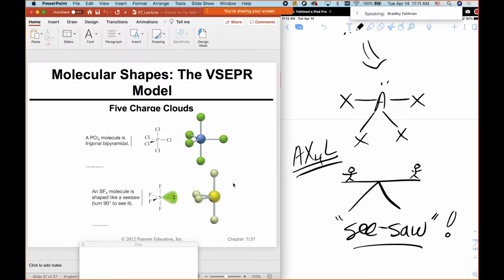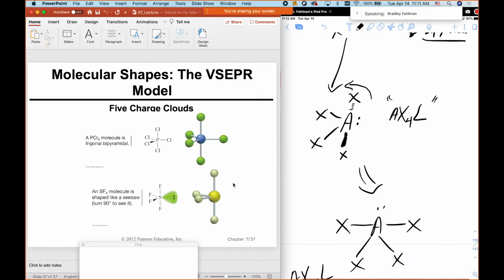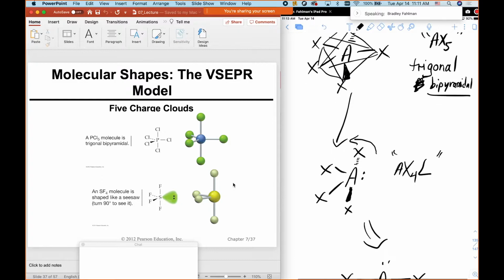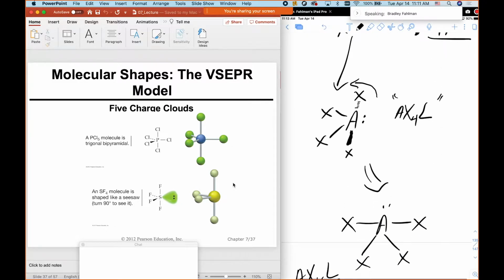Okay, and so as far as angles go, when we looked at this AX5, that is kind of our basic shape. These angles on the plane of the paper, those are all 120.